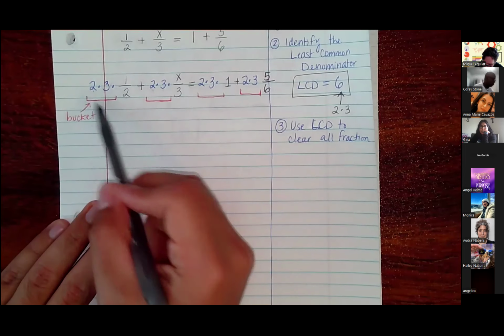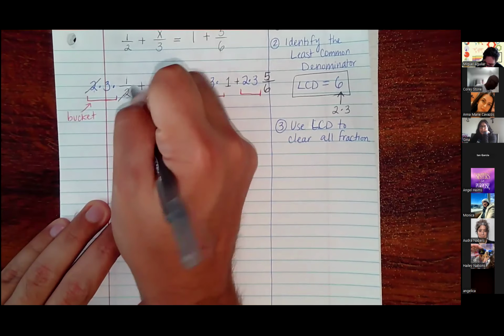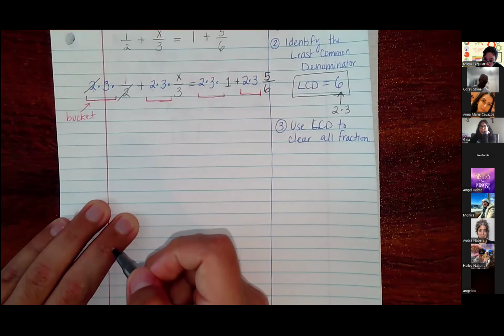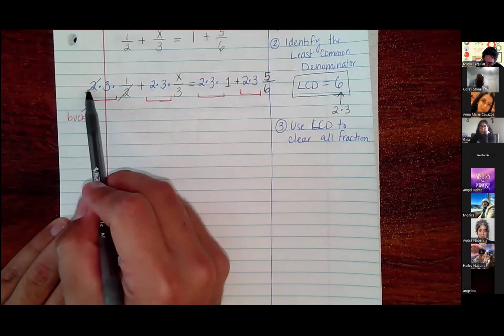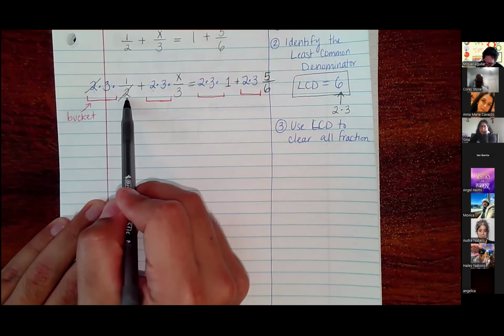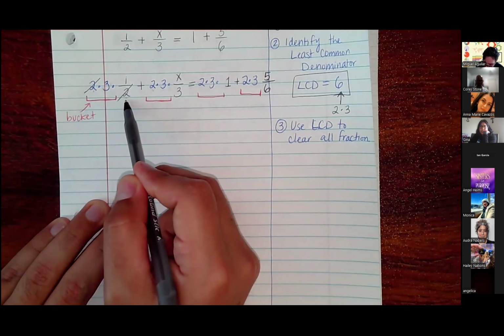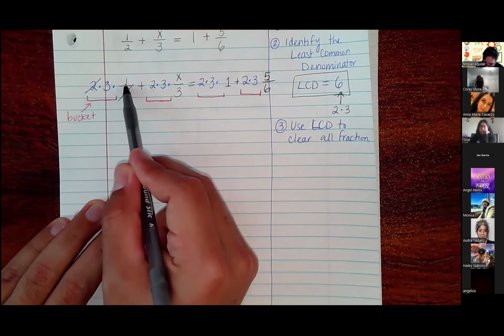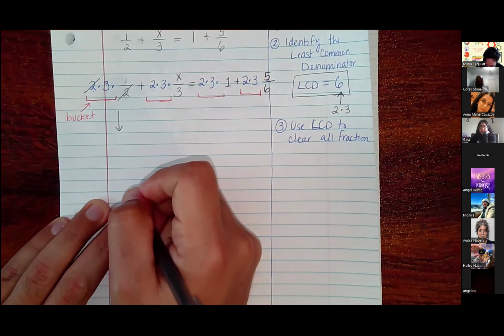So for this first term, the 1/2, we can cross out the 2 with this denominator because that's a common factor. We're multiplying by 2 and dividing by 2, so those cancel out. What's left over? 3 times 1. 3 times 1, right? And what is 3 times 1? 3.